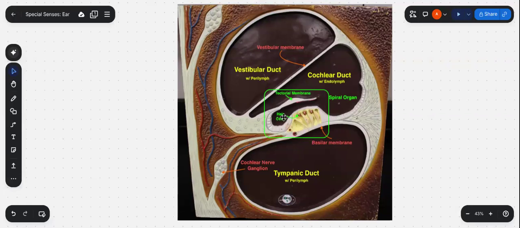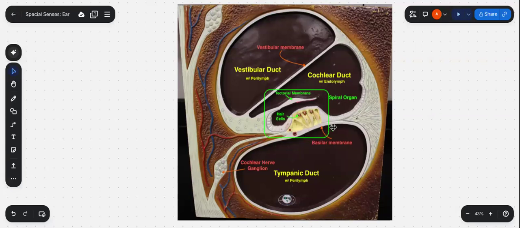Within the spiral organ, you have your tectorial membrane, which is this thin little projection over here. It looks a little bit like a potato chip or a duck, with the head, and here is the little snout or the beak of the duck. You also have your hair cells over here. You can see that they are very long column-like shapes.